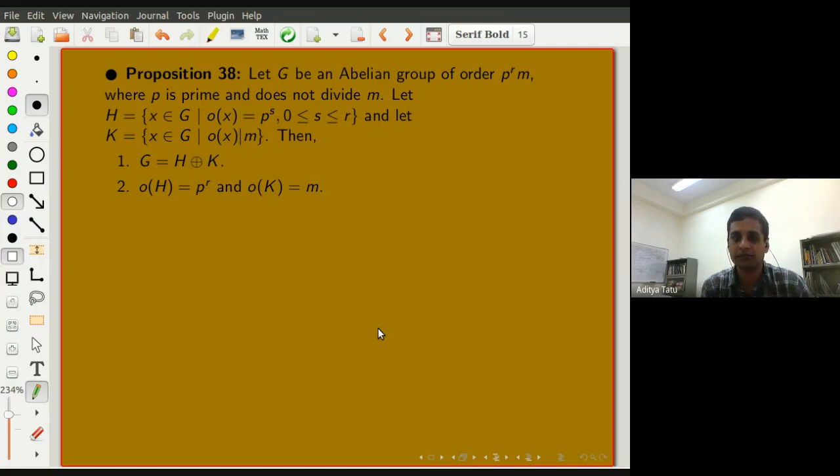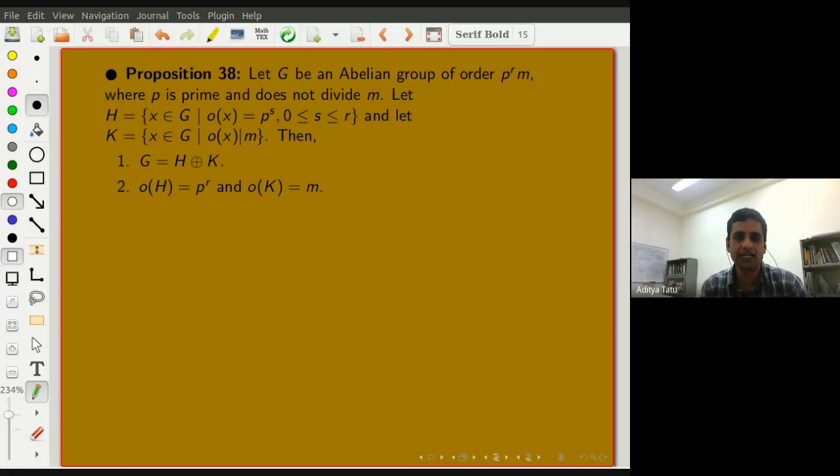What is so special about p and m? p is a prime number and m may not be a prime, it can be a composite number. The only thing is that the GCD of p and m has to be 1, so they are indivisible. I hope that much is clear.